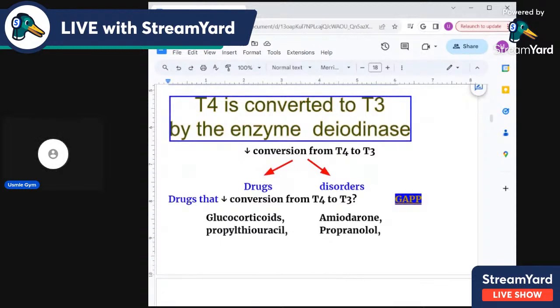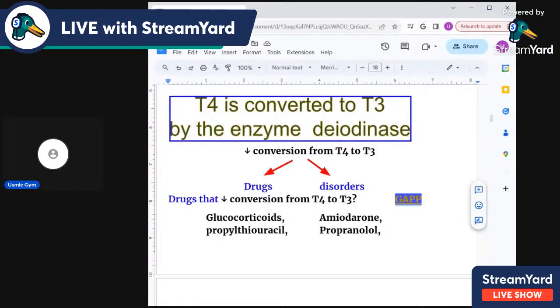There are certain conditions that decrease the conversion of T4 to T3, drugs and disorders. Drugs that decrease the conversion of T4 to T3, mnemonic GAPP: glucocorticoids, amiodarone, propranolol, and propylthiouracil.